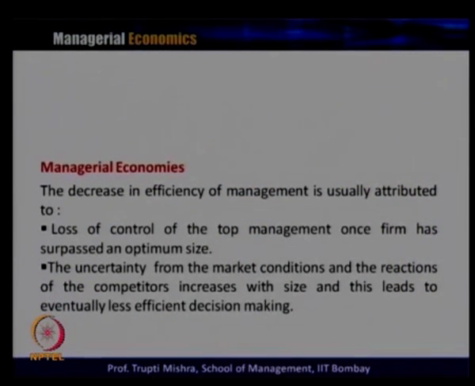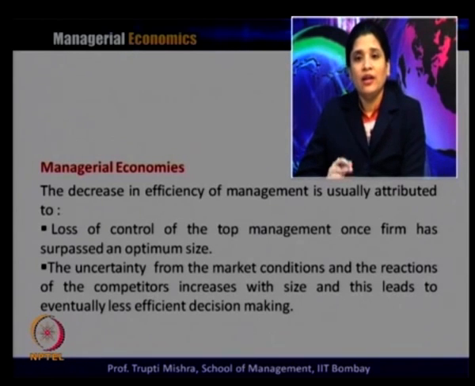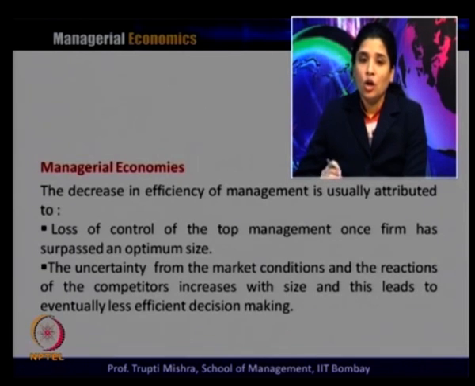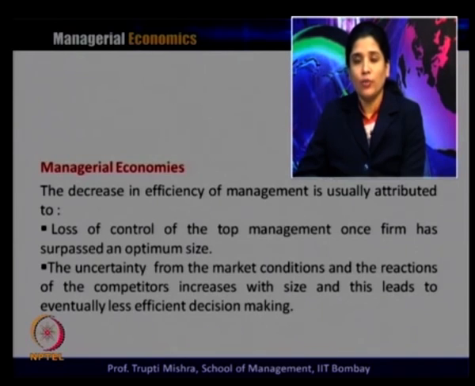And why does the traditional theory postulate that, and what may be the factor when you talk about the managerial diseconomies of scale? The decrease in the efficiency of management is usually attributed to loss of control of the top management once the farm has surpassed the optimum size.